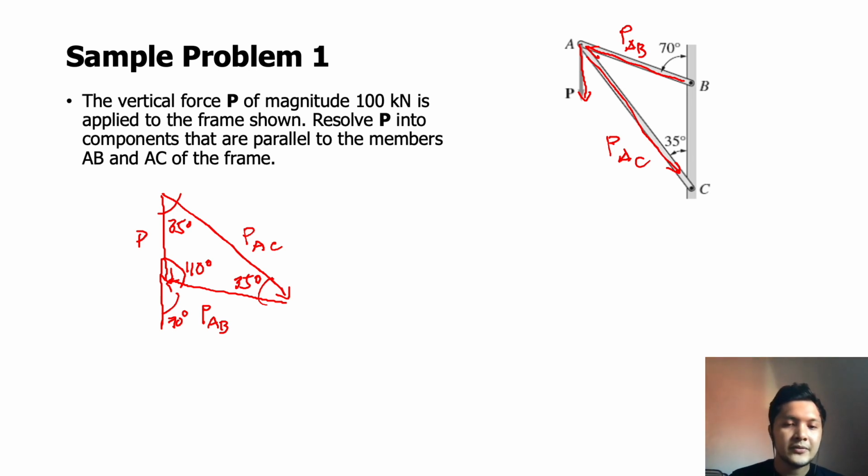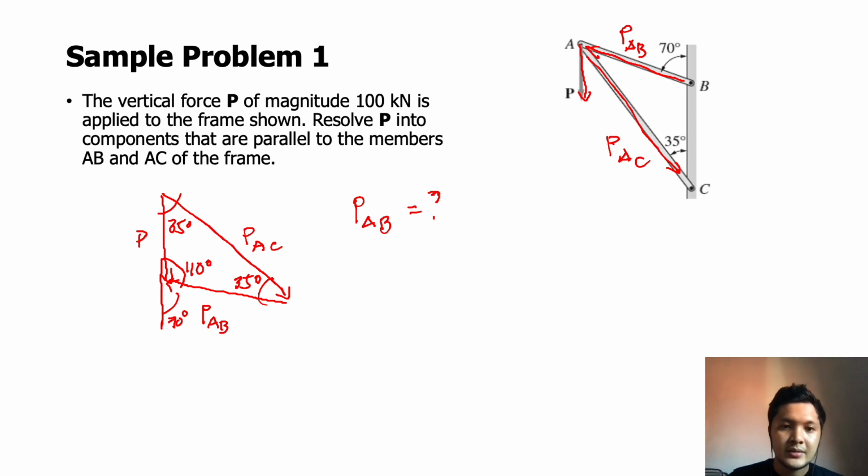So let's first find the value of PAB. To find the value of PAB, we can use P. Okay, so this is P, and this angle. So to put that in equation, we can use the sine law, or the law of sines.